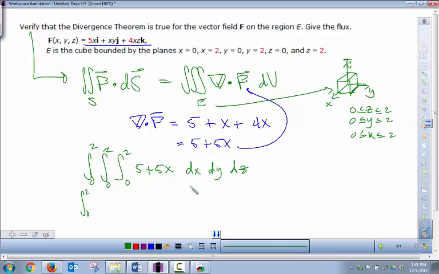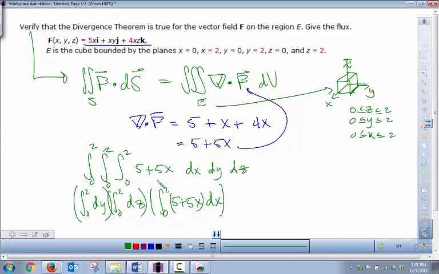So I can integrate from 0 to 2 with respect to y, integrate from 0 to 2 with respect to z, and then do that separately from the integral from 0 to 2 of 5 plus 5x dx. I should have taken out the 5 too, but I'll just leave it there.